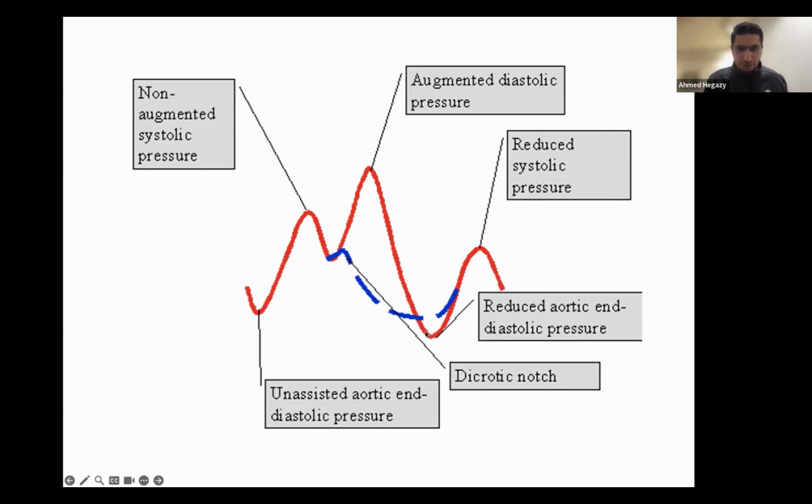That aortic end diastolic pressure after the deflation will actually be lower than the native diastolic pressure, which is highlighted in blue here. And then the next systolic upstroke will actually be lower than your native systolic peak. So you see here that balloon pumps reduce your systolic blood pressure, but they increase your diastolic and increase your mean.